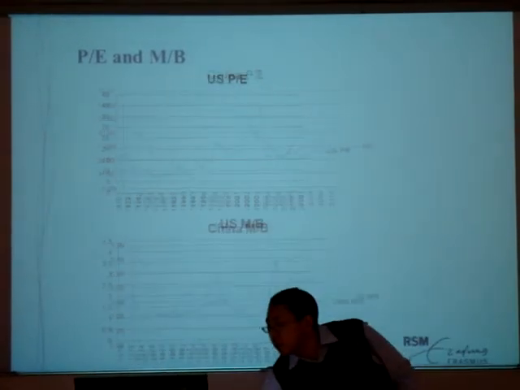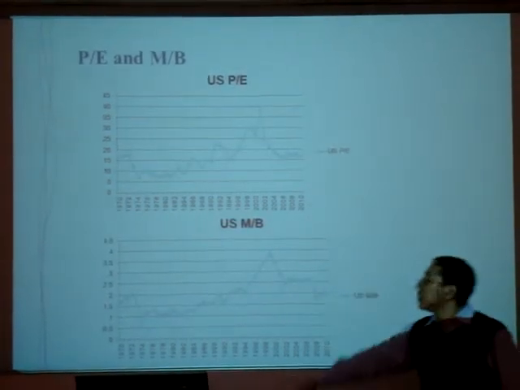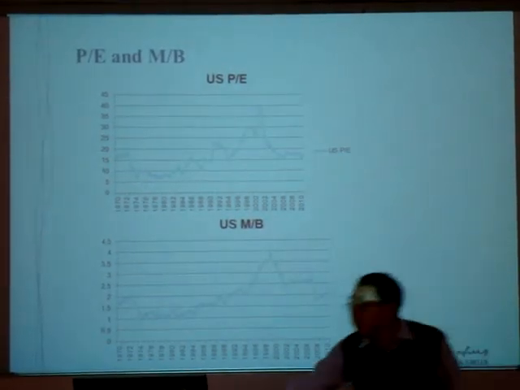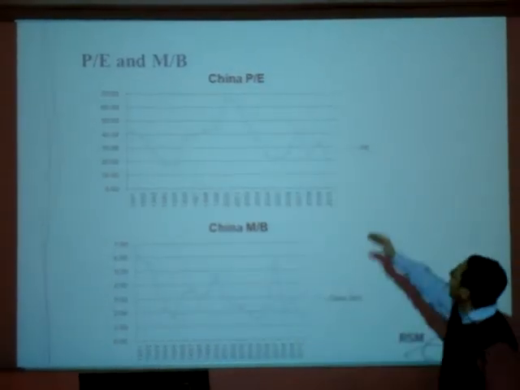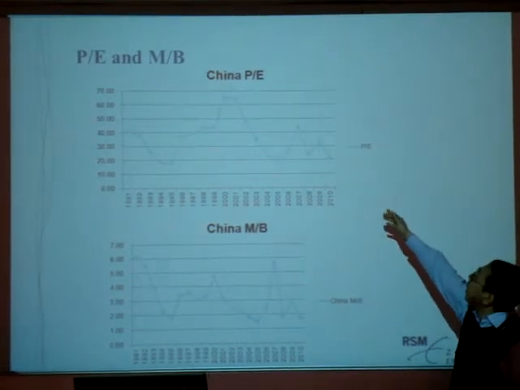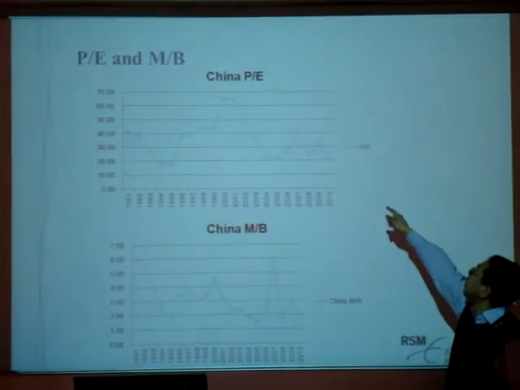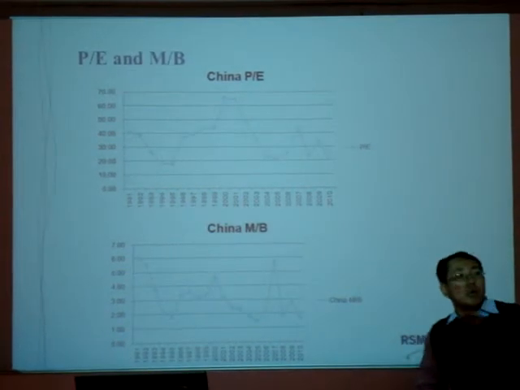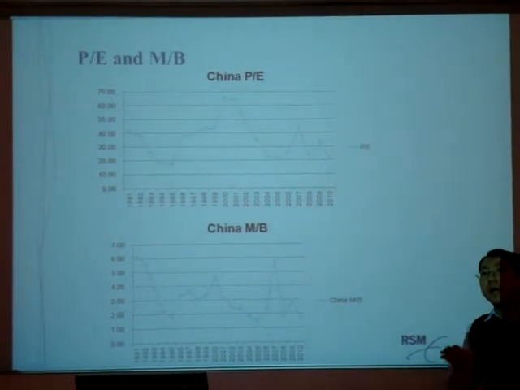Indeed, that's also the peak of the US, but that's around 40. Nowadays it's coming down to around 20. Indeed, at the end of 2010 or 2011, the market PE ratio between China and the US is not so different anymore.